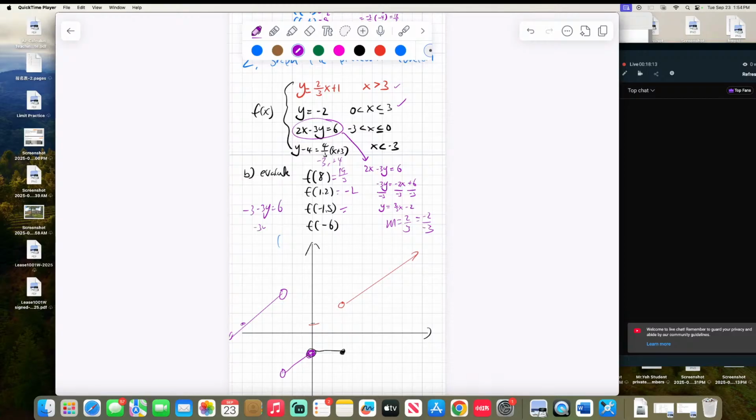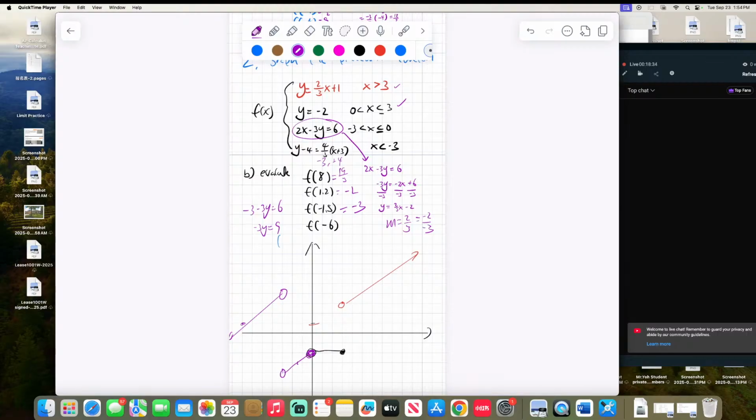So that's going to be negative 3y equal to 9. And that's going to give you 9 over negative 3, so it's negative 3. Yeah, negative 3. You can see from the graph.